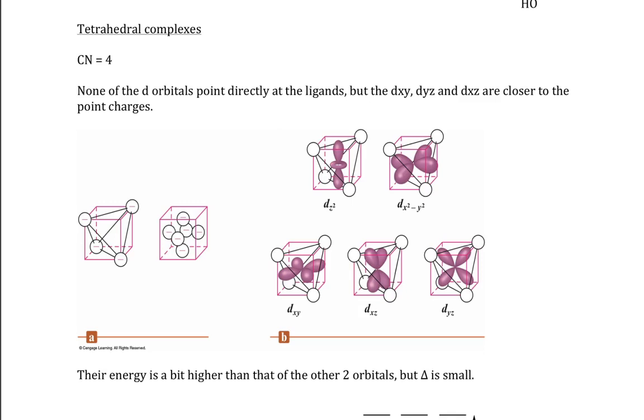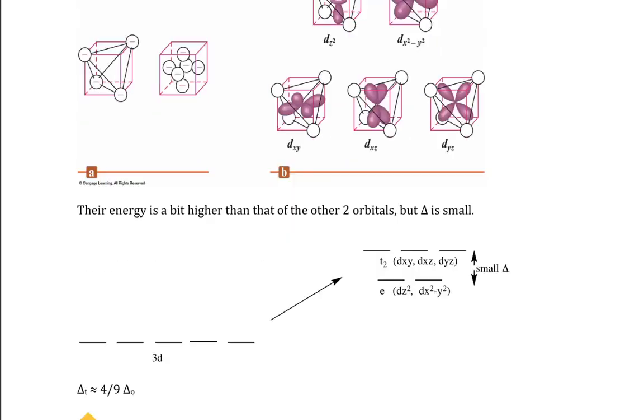We see those 5 d orbitals shown in purple again, and we also see them superimposed on the tetrahedral complex in diagram B. It's hard to see as clearly as with the octahedral one, but the orbitals that are most affected are the dxy, the dxz, and the dyz. Those are going to be moved to a higher energy level.